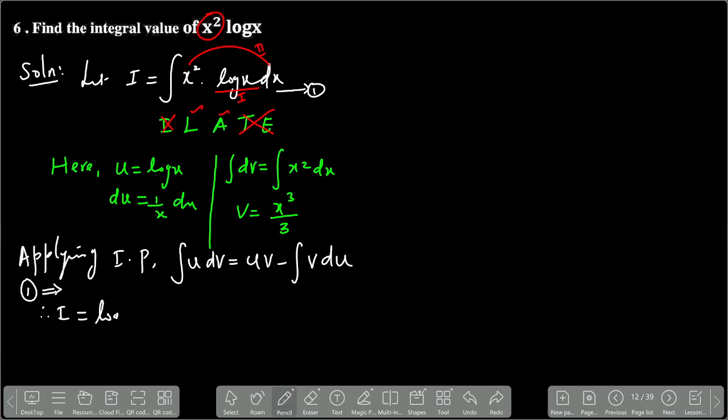Log x into v, x cube divided by 3, minus v into du. What is du? 1 by x into dx, and v equal to x cube by 3. Yes or no?